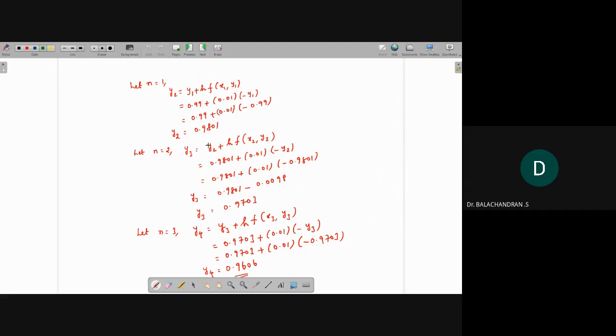So simplify and get the answer. And n equal to 2 will get y3, and n equal to 3 will get y4. The same procedure, that's why I'll skip quickly.